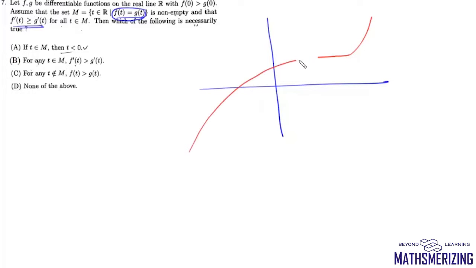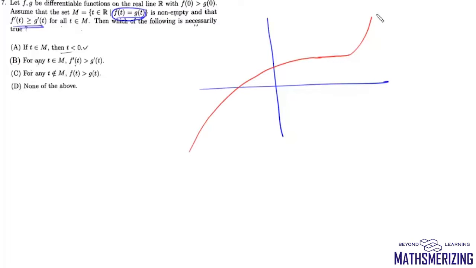Now this set M contains all the points of intersection of f(x) and g(x). Now what I'll do is, I'll consider a function where this part is constant, and then we have a differentiable function.